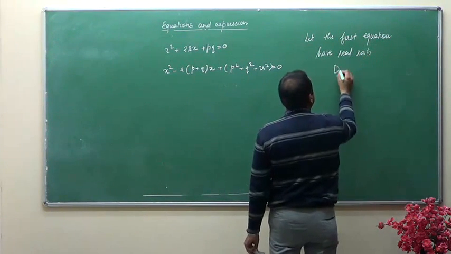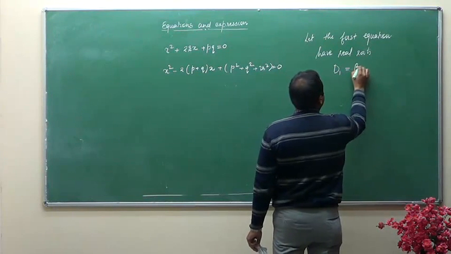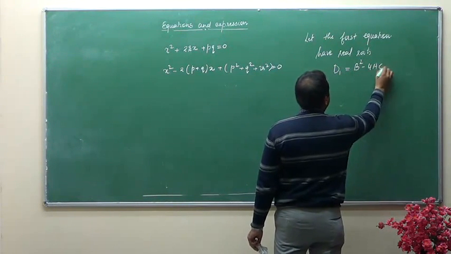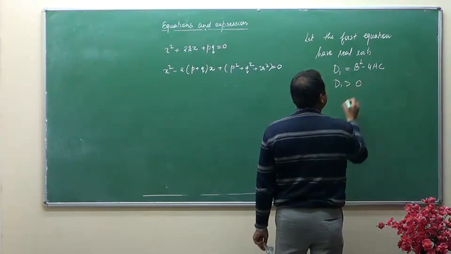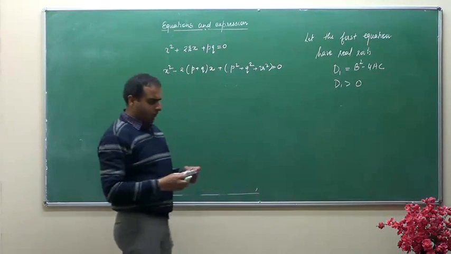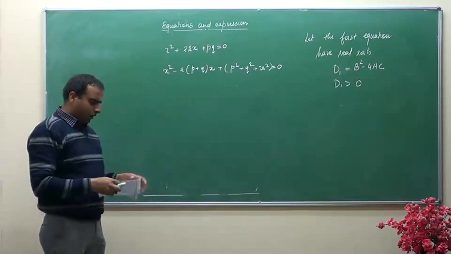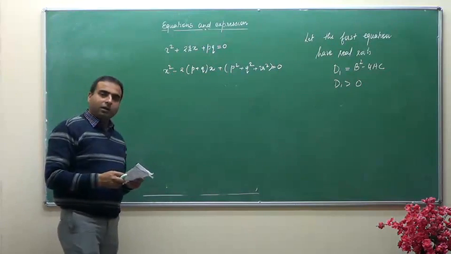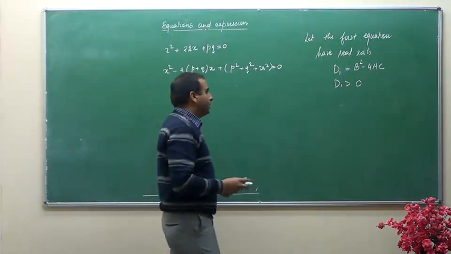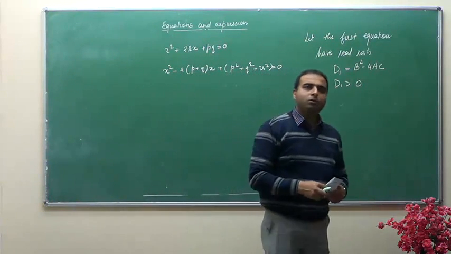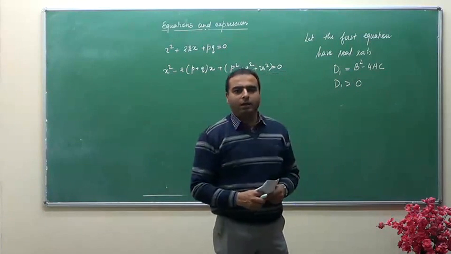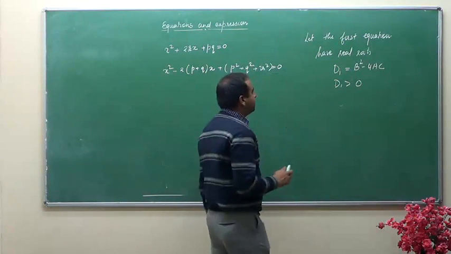So d1, that is b square minus 4ac, should be greater than 0, because in the question it is given that the roots are real and unequal.